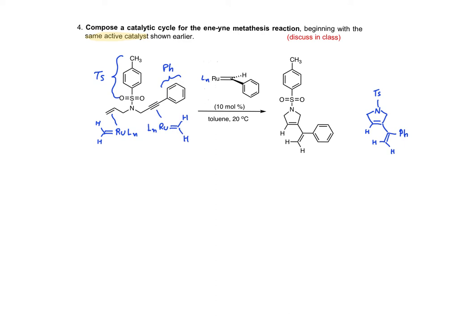Both processes are in competition, but the ruthenium catalyst is generally sensitive to steric effects, so a monosubstituted alkene will usually react with a faster rate than a disubstituted alkyne.